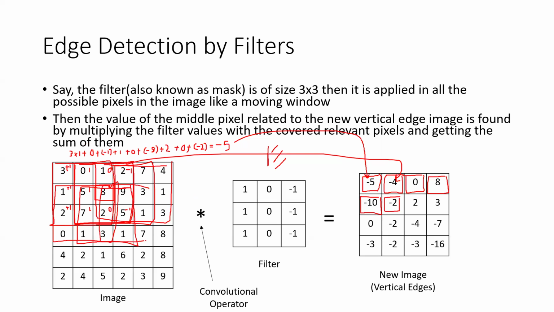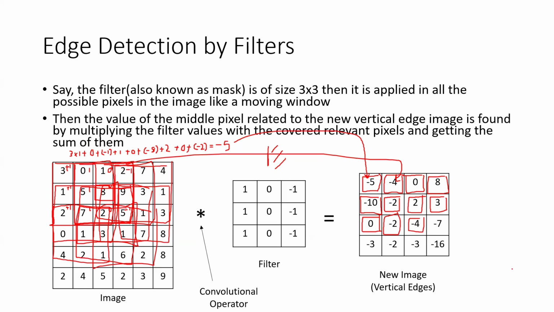With these values you will get +2, with these +3, and applying the filter again to these pixels you will get 0. Applying to these pixels you will get -2, and to these -4, -7, and so on.